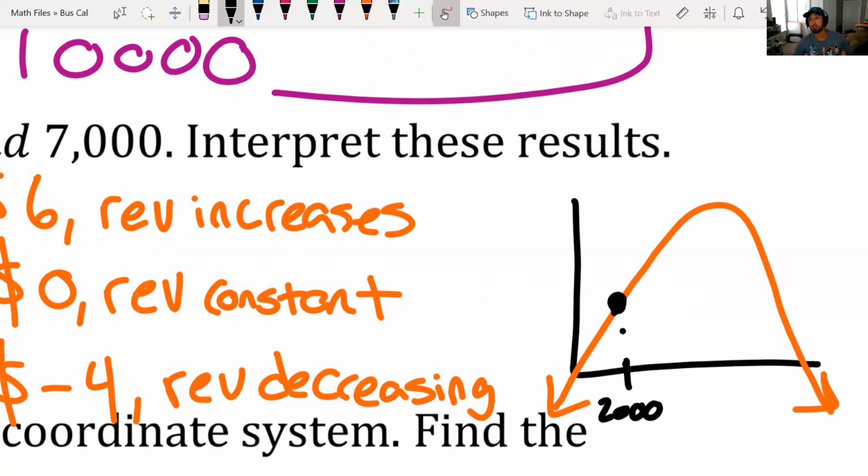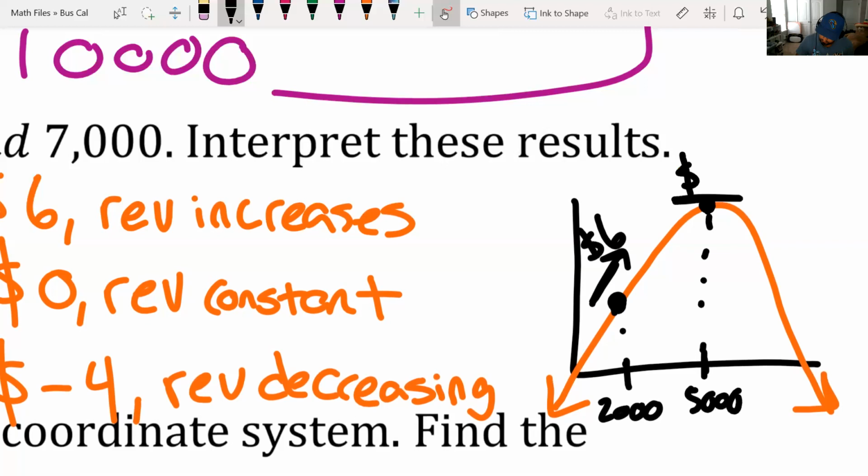This means at 2,000, at this one exact point, we are increasing by $6 per headphone. And then at, was it 5,000? We've reached the top. This means, and most likely this means that revenue and cost have met each other. We might be breaking even. This means we're not making any more money.